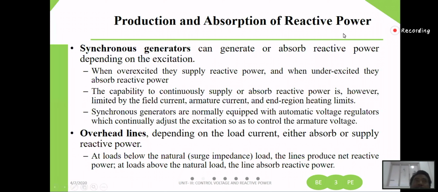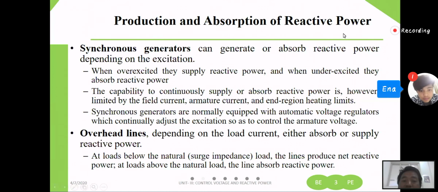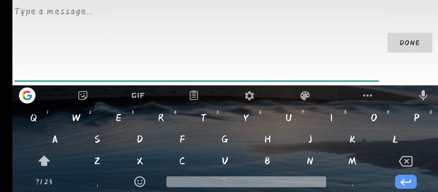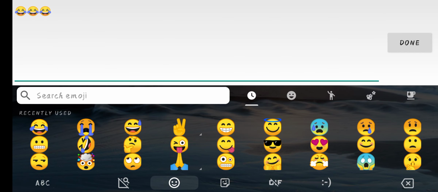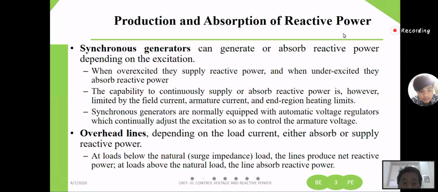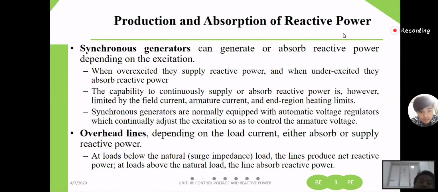You know what excitation is. In machines you have learned the different types of excitation. Depending on the excitation, this synchronous generator can either absorb or generate the reactive power. It will generate when it is overexcited: if it is overexcited, it will supply the reactive power.